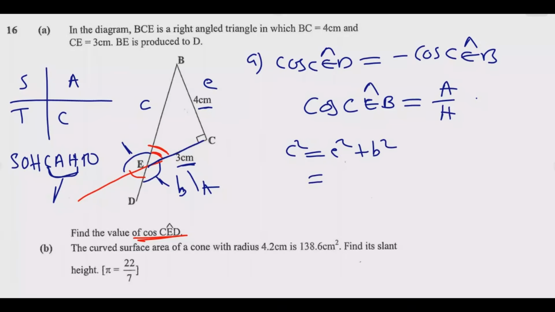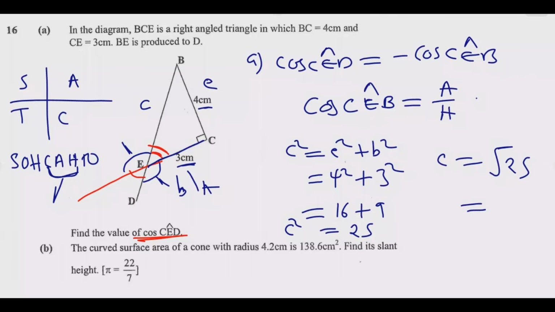E is 4, so 4 squared plus b, which is 3 squared. You square that, we are going to get 25, which is 16 plus 9. So this is c squared, and we're looking for c. To find c, we find the square root of 25, which gives me 5 centimeters. So now we know that's 5 centimeters.